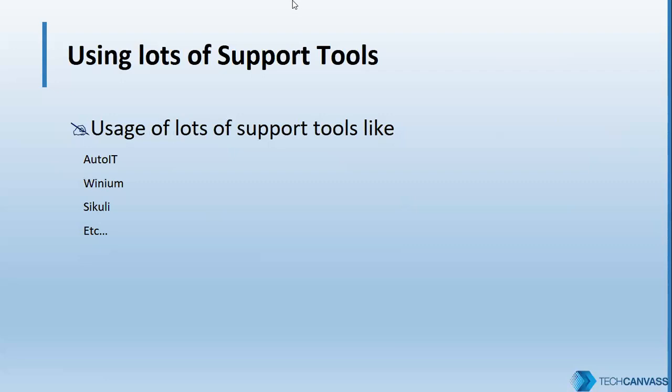However, we should not use lots and lots of these tools in order to facilitate automation. We can use any one of these tools for Windows component handling, and if we are facing any challenges, we should debug sufficiently before adding one more tool to our tally of tools. So, using lots of tools should be avoided.